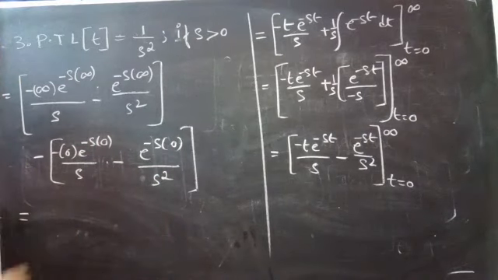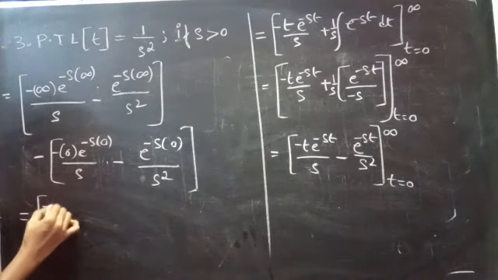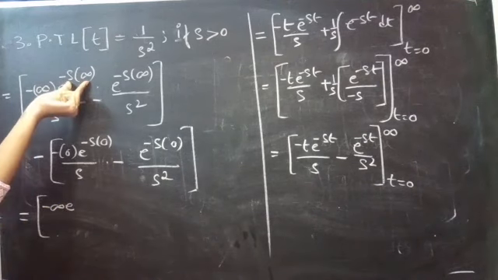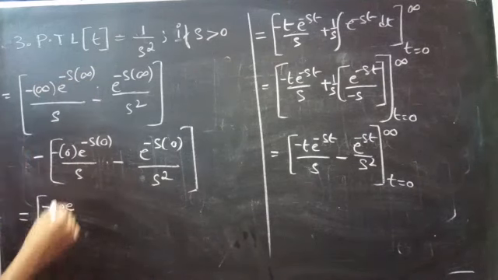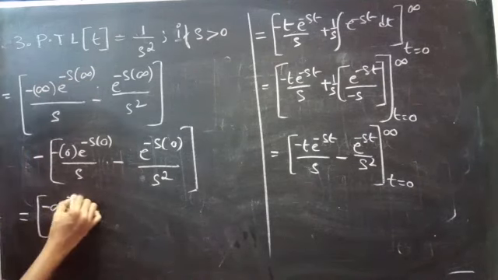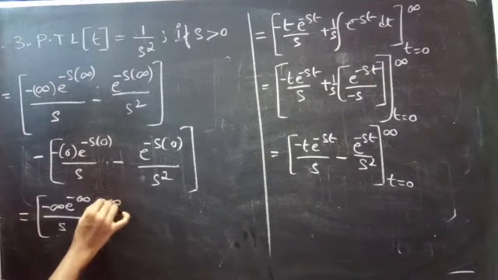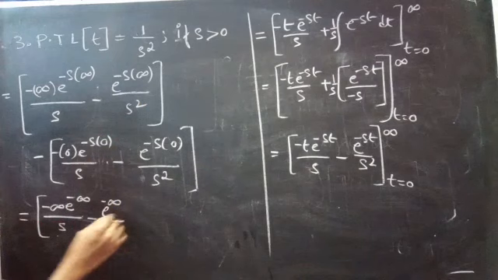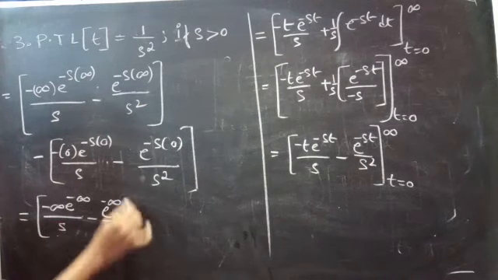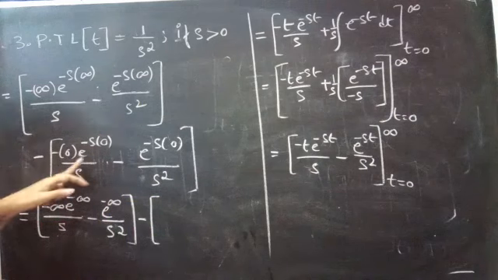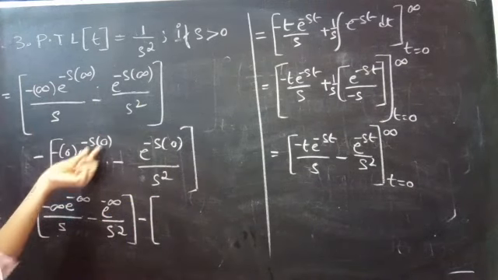So this equals minus infinity into e power minus s into infinity. S into infinity is infinity, and since you're having minus, you'll get minus infinity divided by s, minus e power minus s into infinity, which is again infinity with a minus sign, divided by s square, minus 0 into anything is 0, e power minus 0.